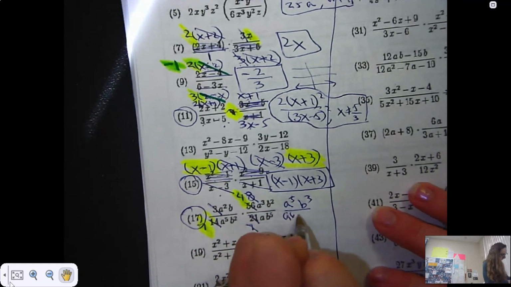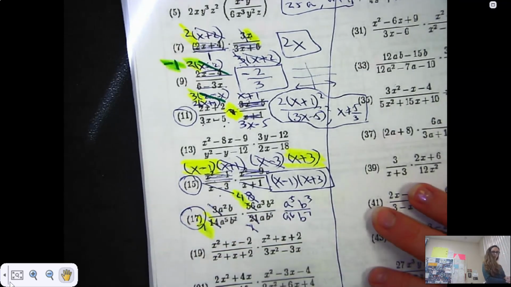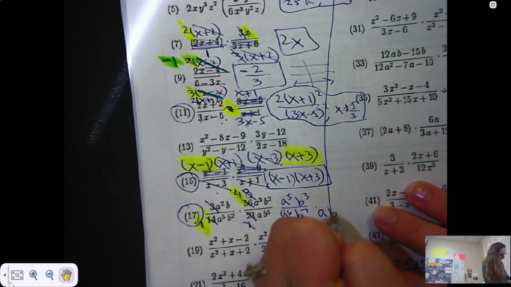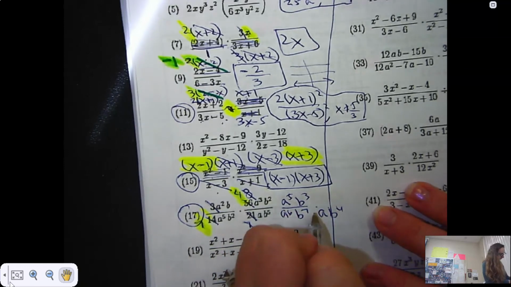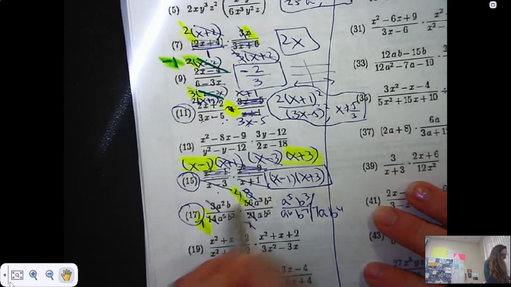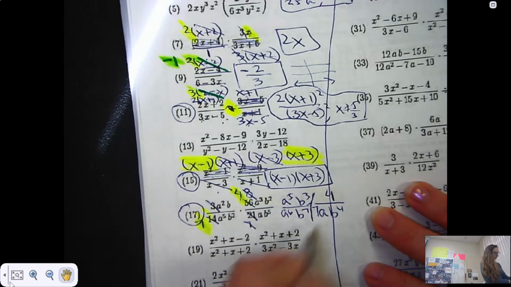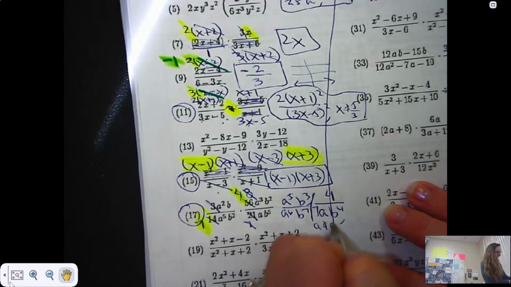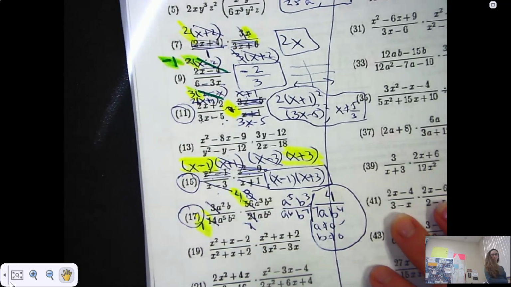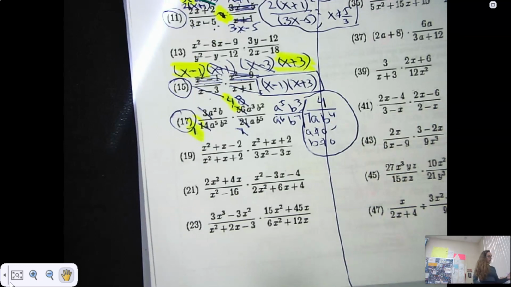I would rather just multiply across and make sure I'm good to go. There is 1 more A on the bottom, 4 more B's on the bottom. I'm left with a 7. And then I'm left with a 4. There are restrictions where A cannot equal 0 and B cannot equal 0. Okay? I think you guys get the game.